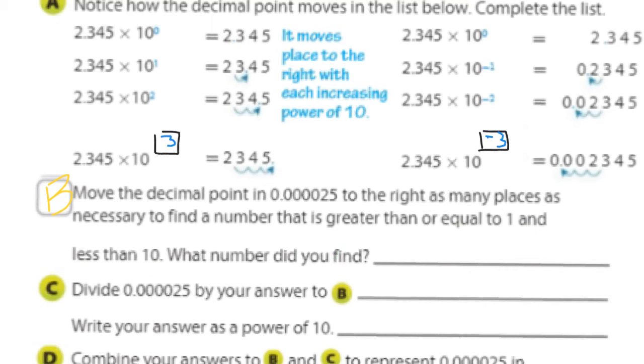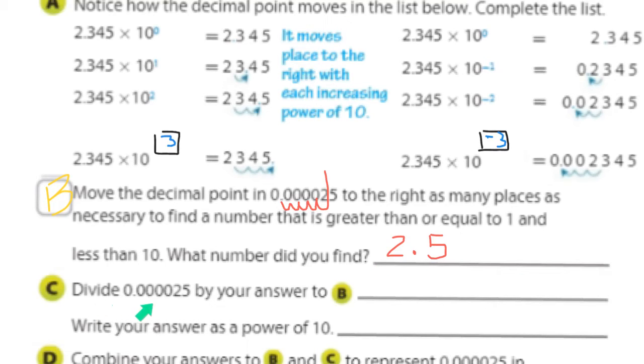And what number did you find? So I'm going to move this decimal point over 1, 2, 3, 4, 5 spaces. So the number that I found was 2.5, because I moved it between the 2 and the 5. So here I have a number that's less than 10 but 1 or greater.